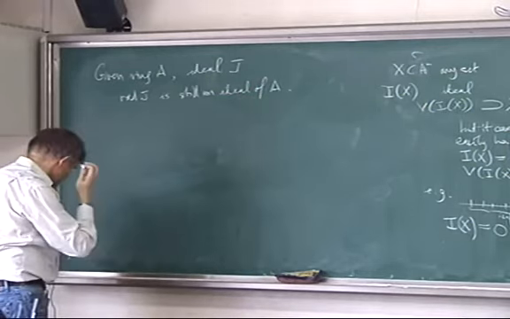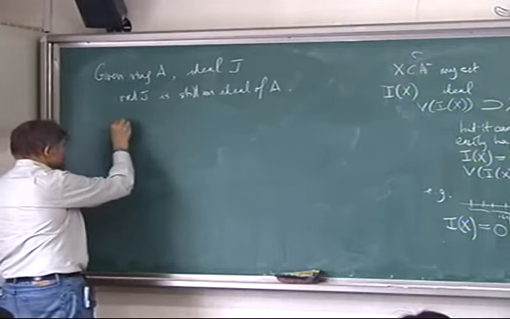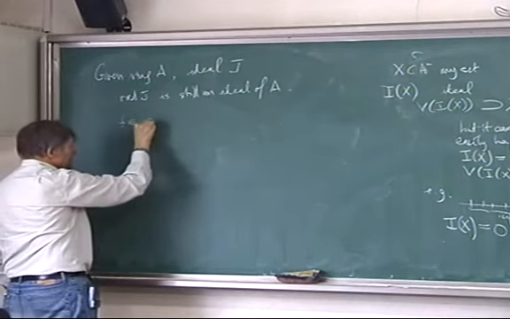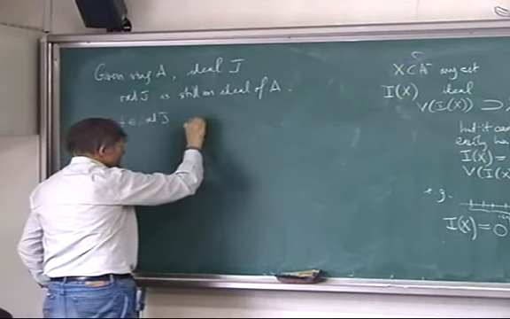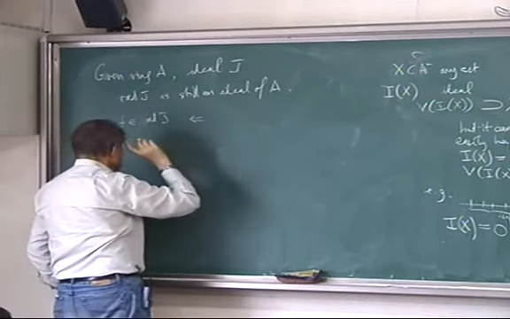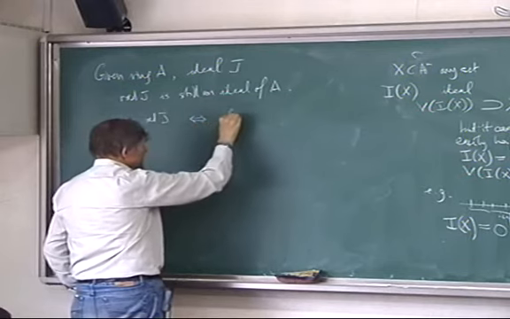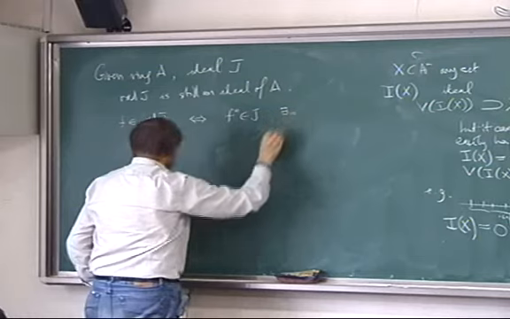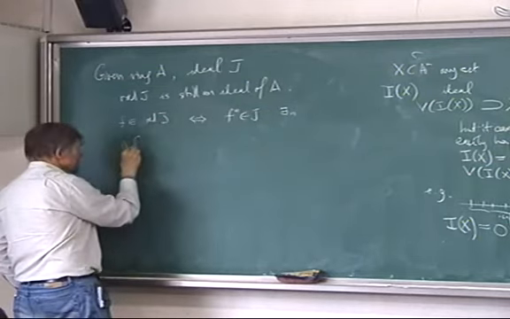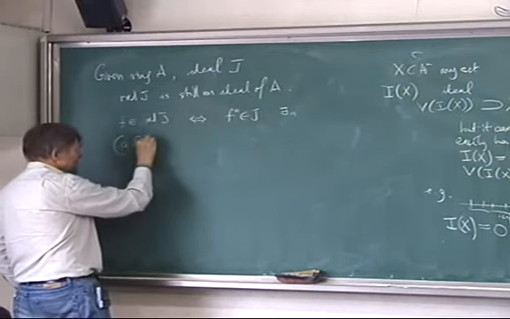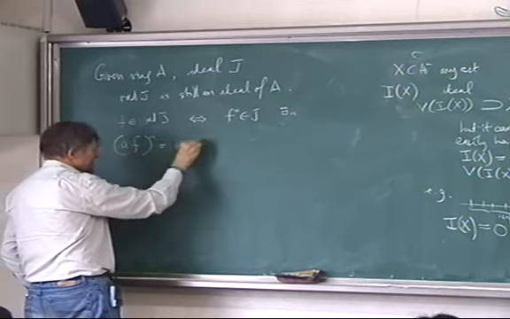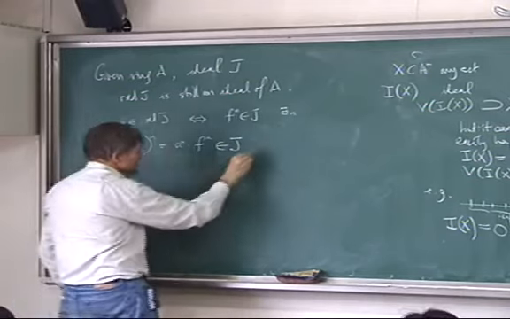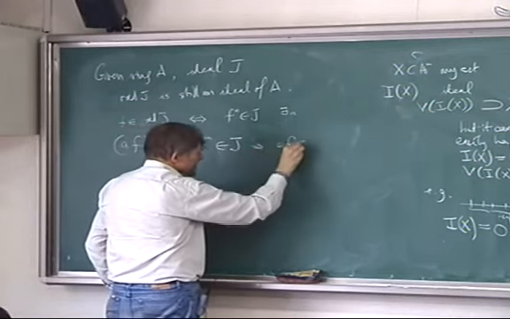Right? And so what do we have to prove? Well, I've got f in the radical of J, which means that f to the n is in J for some n. So if I take a f to the power of n, this is a to the n times f to the n. So this is in J. And so af is in the radical.